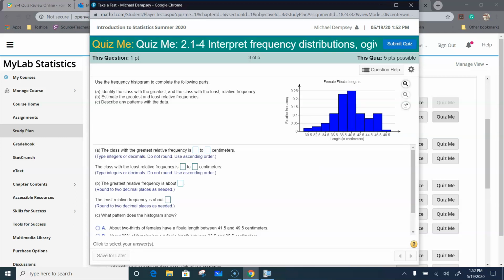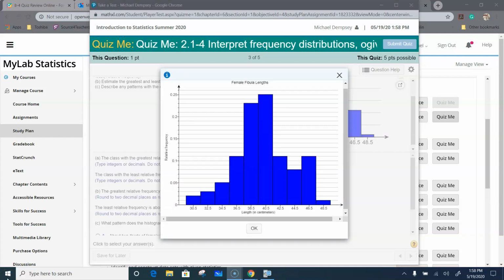Okay. And now we're looking at the histogram. So it's not really clear whether they want the boundaries or the class limits, but I can see that for that class, the midpoint is 40.5. Also, since we're increasing by 2 every time, I know my class width is 2.